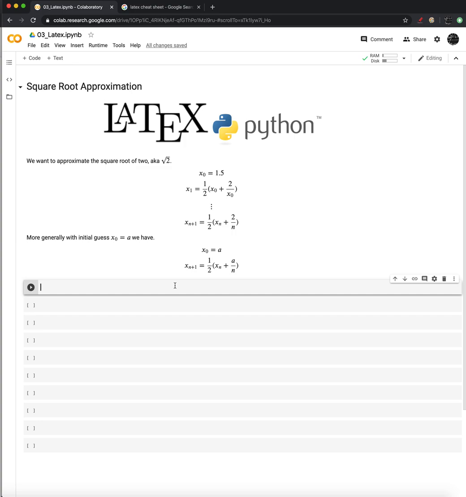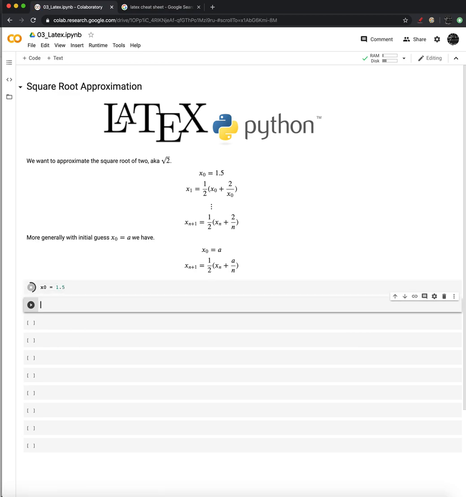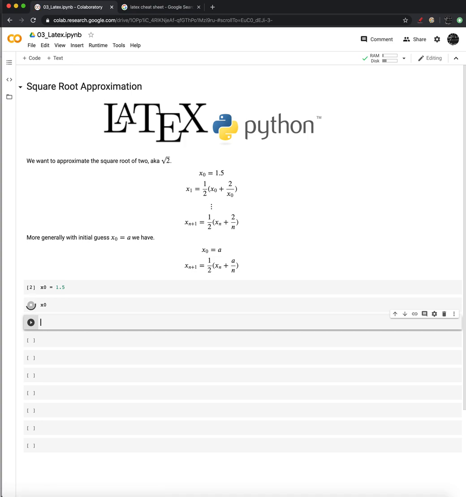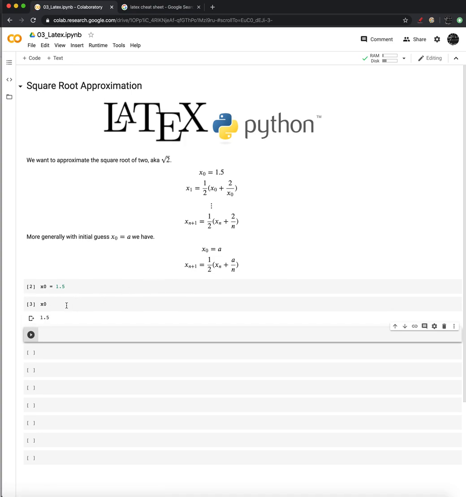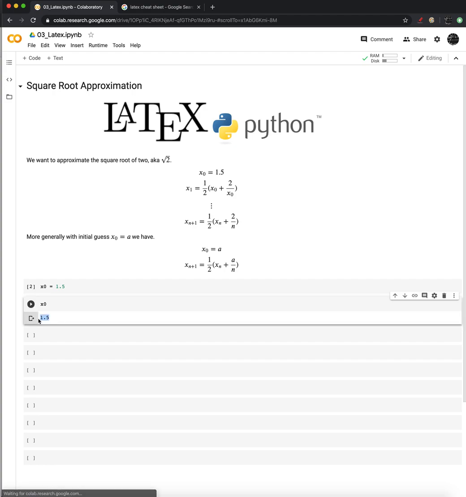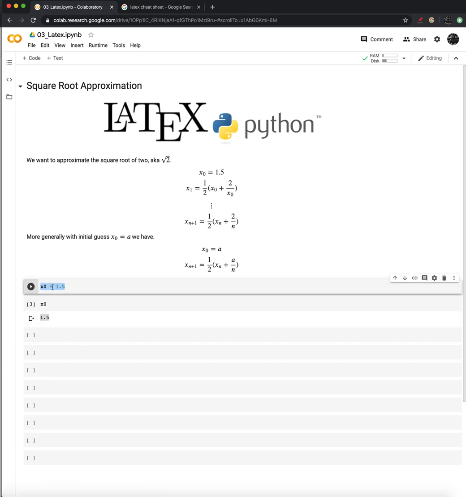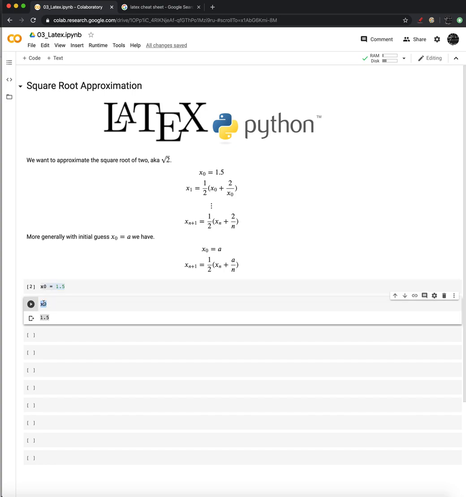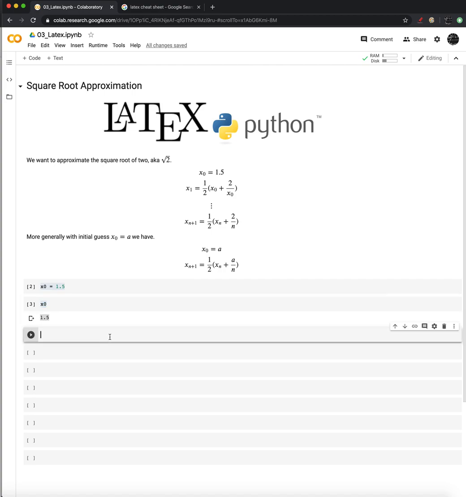And right away, we can say x0 equals 1.5. And now if we look at what x sub 0 is and hold down shift and hit enter, we see that it's 1.5. So we've saved a variable called x sub 0 to 1.5, and using this x sub 0 is as good as saying 1.5.